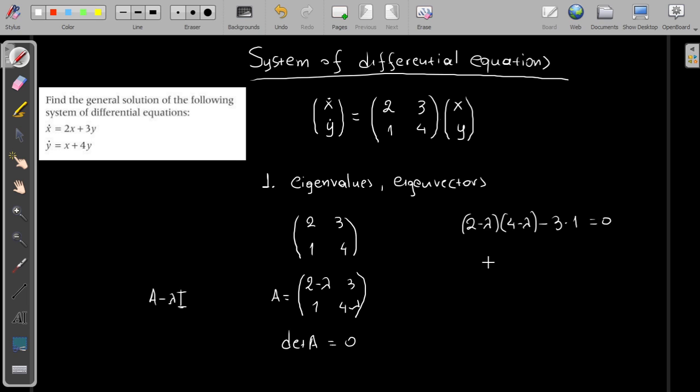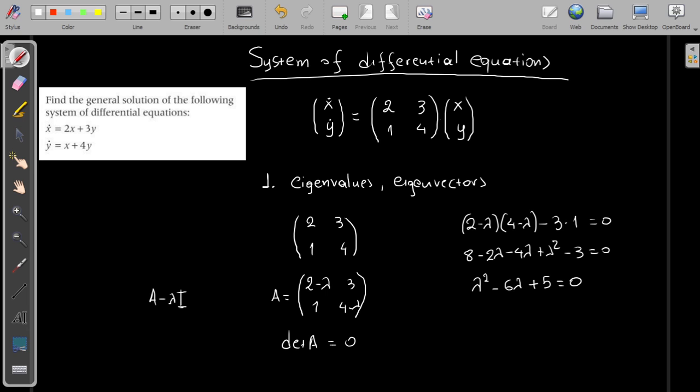It should be 0. I'll make the multiplications: 8 minus 2 lambda minus 4 lambda plus lambda squared minus 3 is 0. Now lambda squared minus 6 lambda plus 5 is equal to 0.